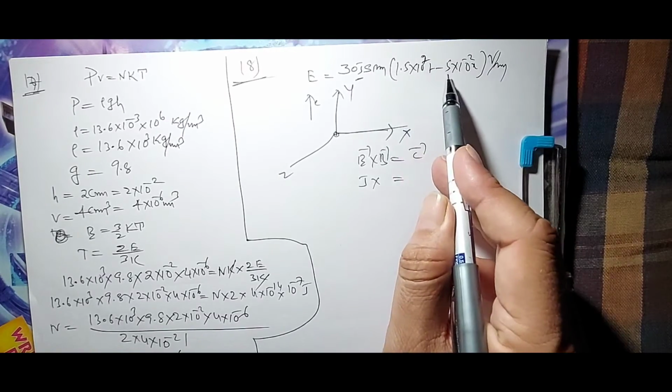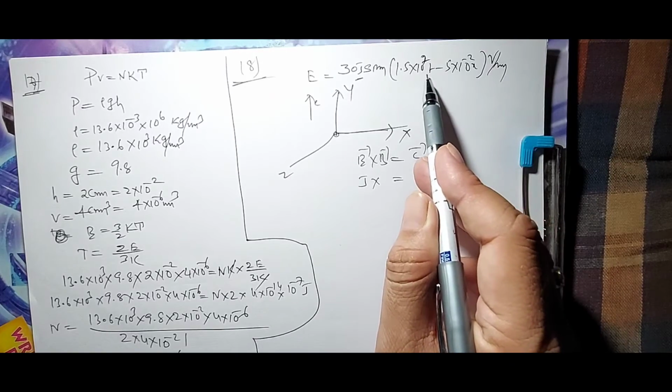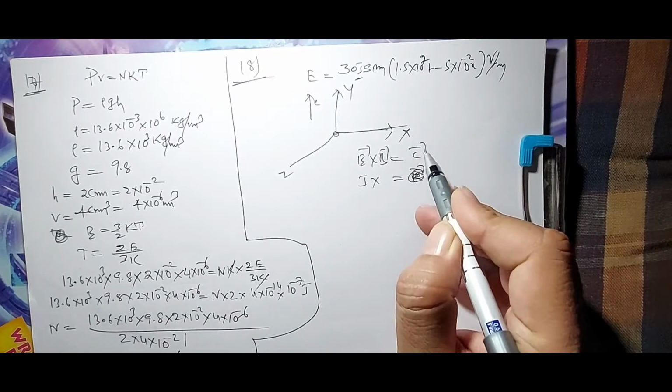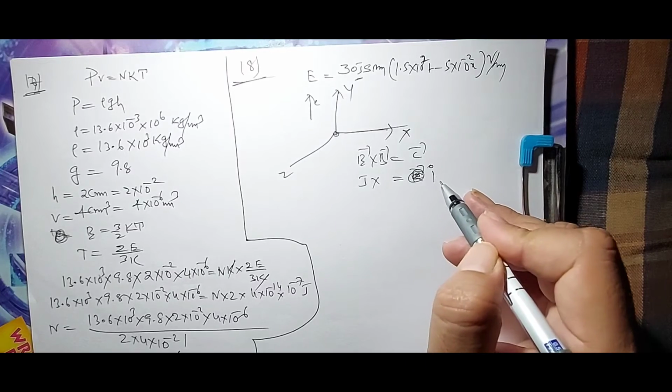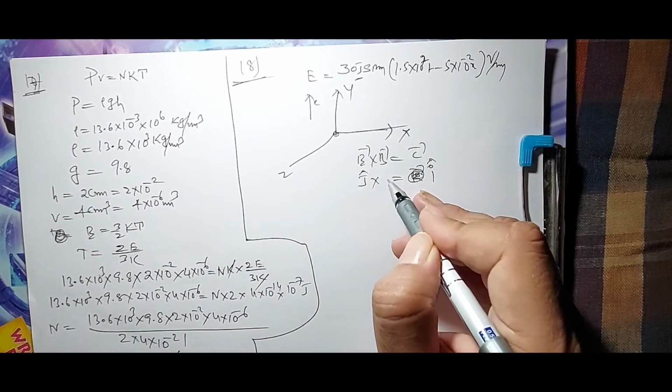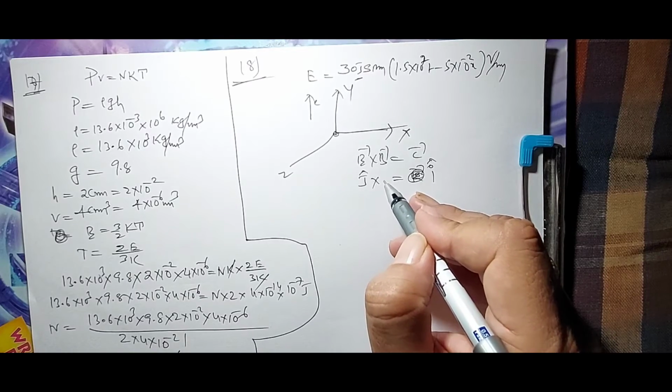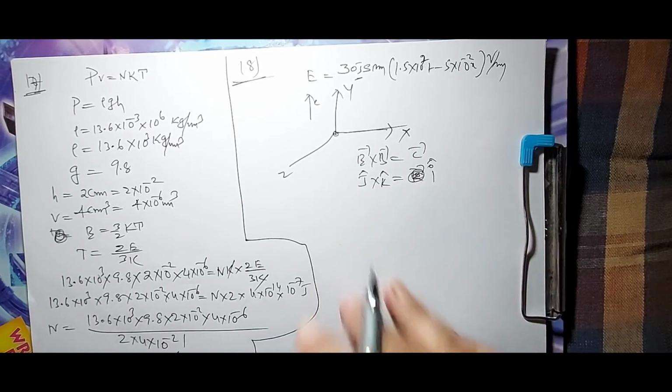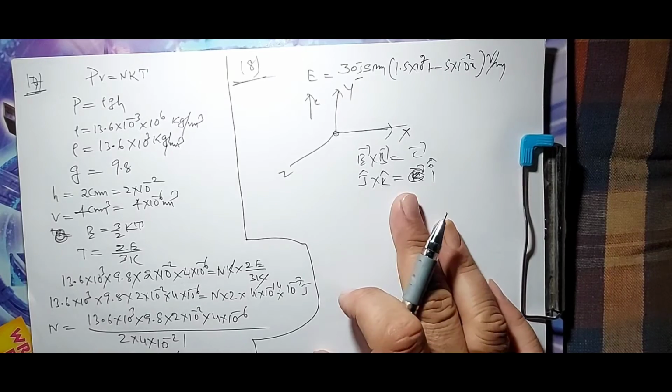The wave is propagating along positive x direction, that is i cap. So B is nothing but k cap. The direction of magnetic field is along Z direction.